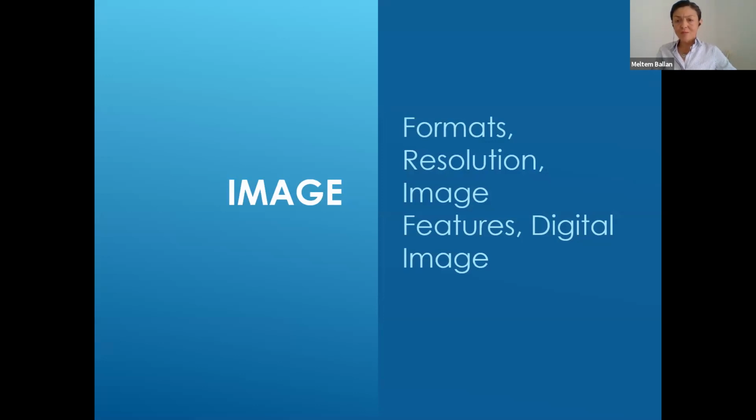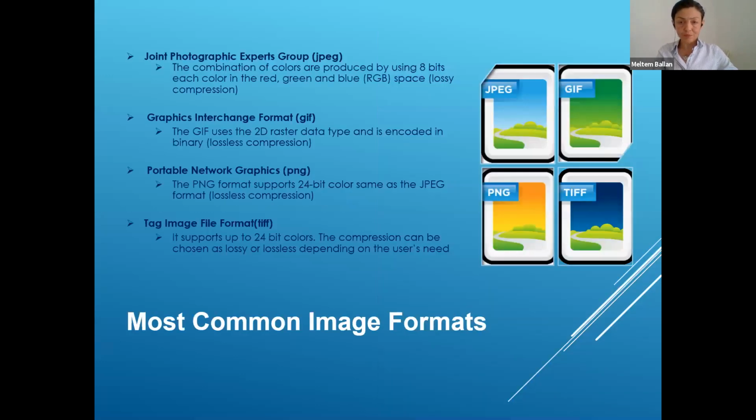The definition of an image we will discuss today is a picture that has been taken, scanned, or copied and stored in databases or in the cloud. There are 4 main formats that I want to include here. First of all, JPEGs.